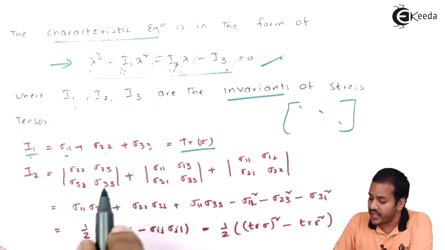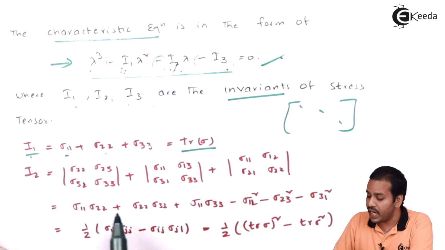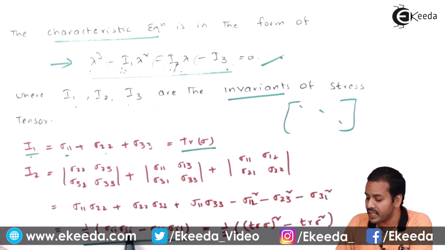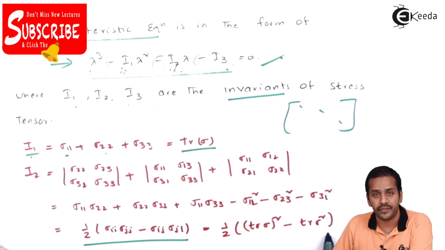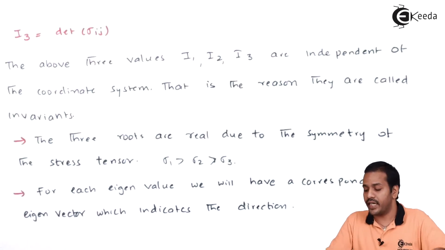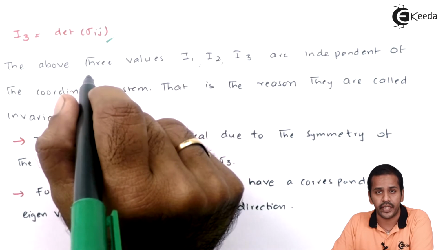Now the second invariant is the summation of the minors of the diagonal components, that is I2. That can be condensed into this form: half of sigma ii sigma jj minus sigma ij sigma ji, or half of trace sigma whole square minus trace sigma square. This is the second invariant. While the third invariant is nothing but the determinant of our stress tensor.